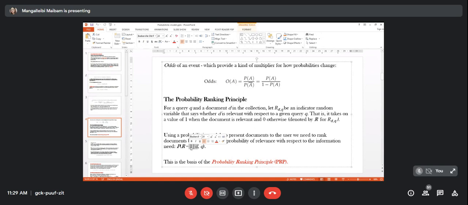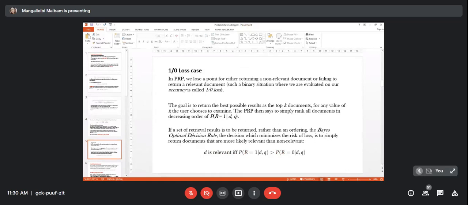R equal to 1 denotes that the particular document is relevant with respect to the given query Q. If you write the probability of R equal to 1 like this, then this is known as the probability ranking principle. If it is 0, then the document is not relevant to the query.